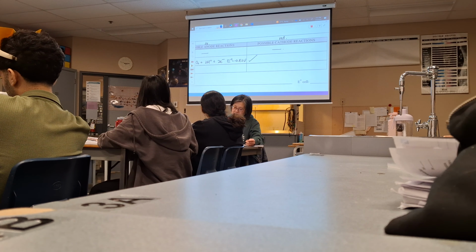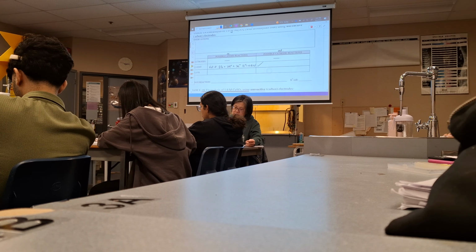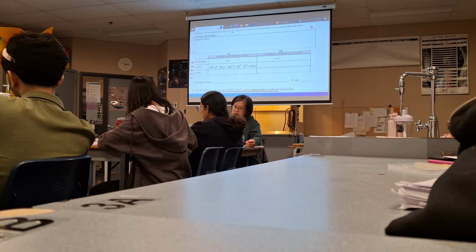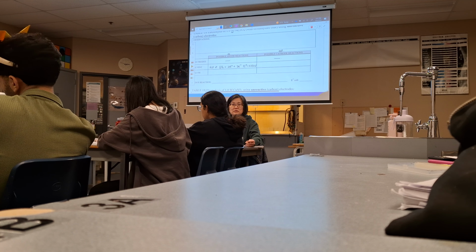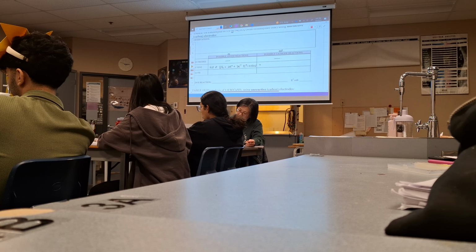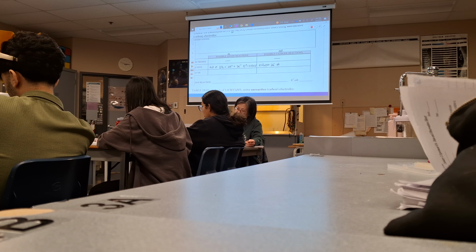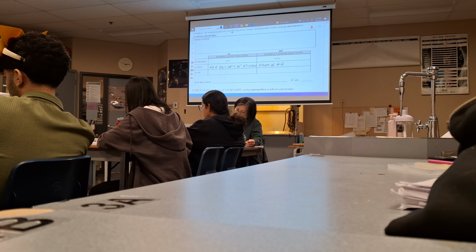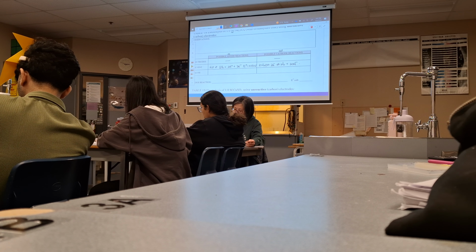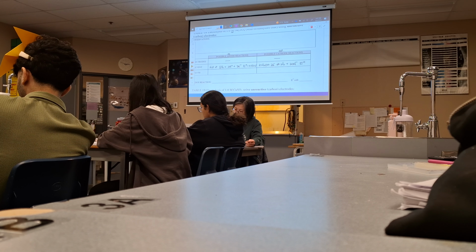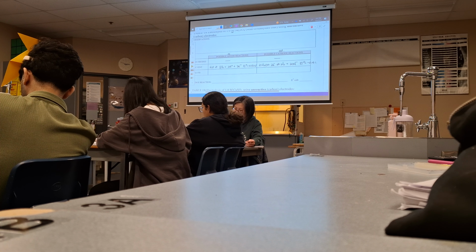I'm looking at this one for water. The cathode reaction. Right. So it's 2H2O plus 2 electrons giving me H2 plus 2OH-, and my E naught over here is negative 0.41 volts.